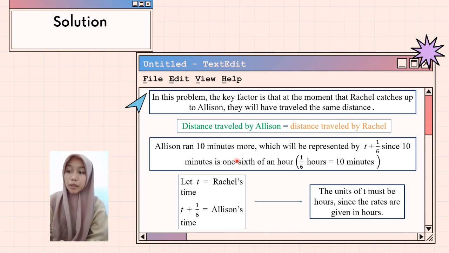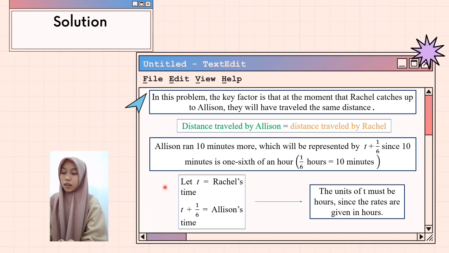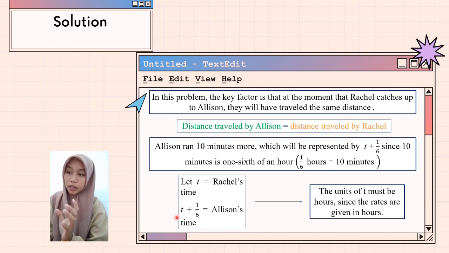Allison ran 10 minutes more, which will be represented by t plus 1/6, since 10 minutes is 1/6 of an hour. 1/6 hour equals 10 minutes. Let t equal Russell's time. So t plus 1/6 is Allison's time.